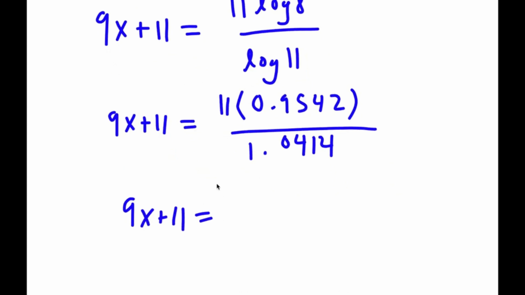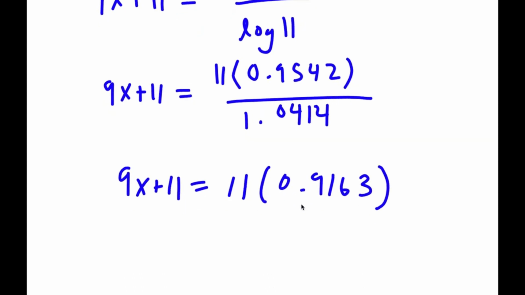Now, 0.9542 divided by 1.0414, that's equal to 0.9163.